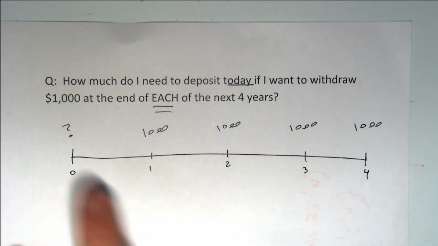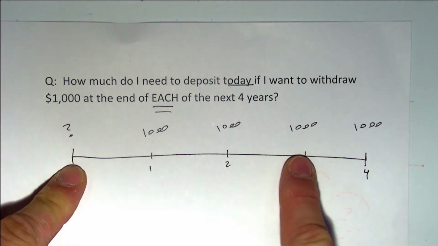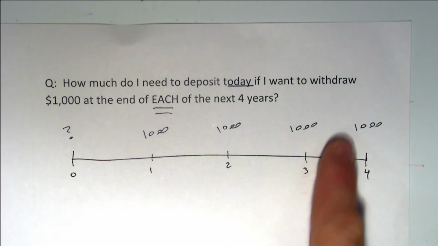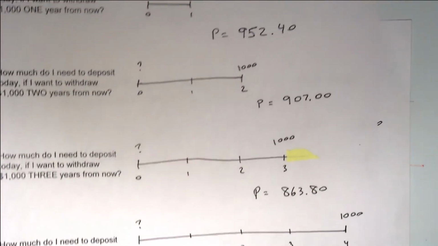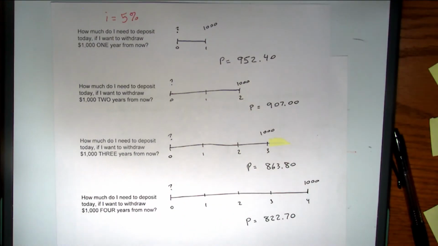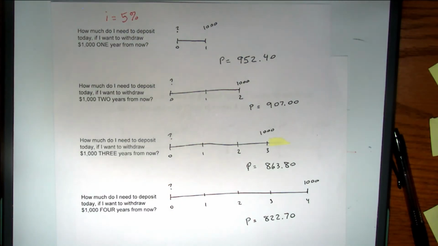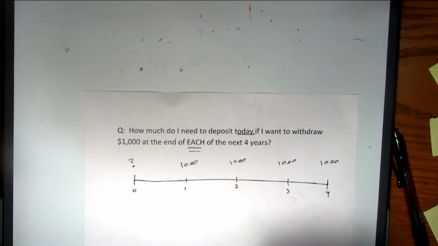How much do I need to deposit today if I want to draw $1,000 at the end of each of the next 4 years? What I want you to realize is that this timeline and this question is really the total of all these 4 timelines if we squished them together. Does that make sense? Oh, by the way, this is very important.